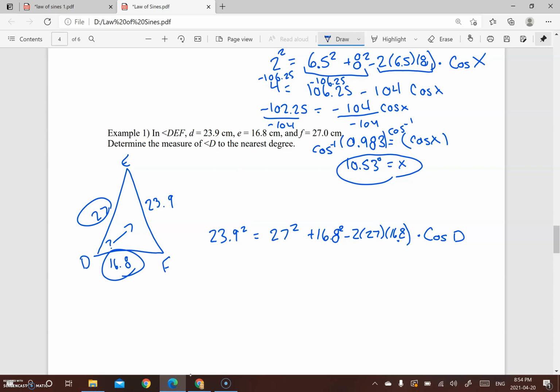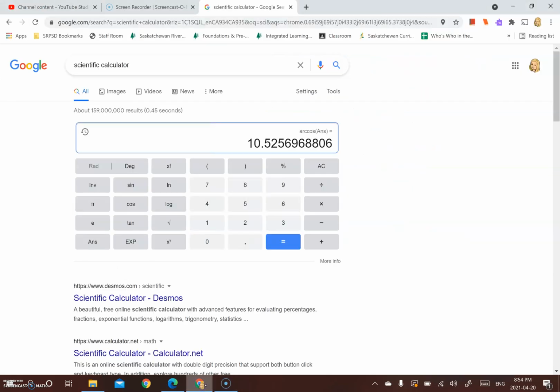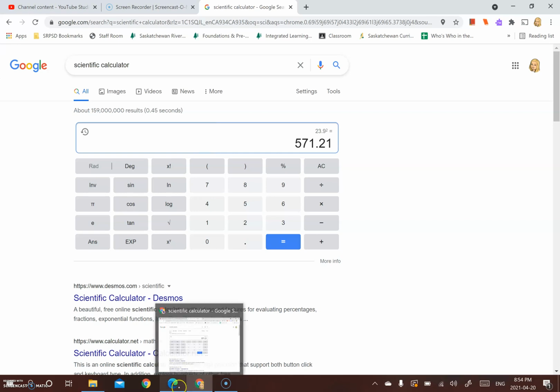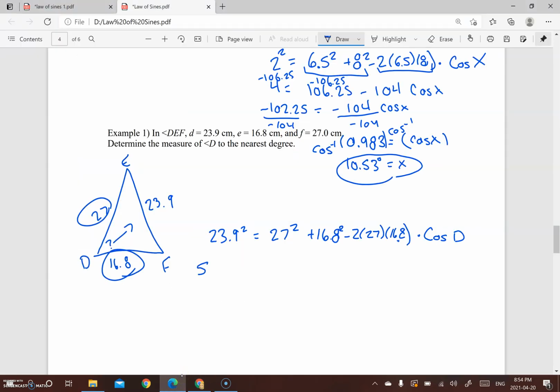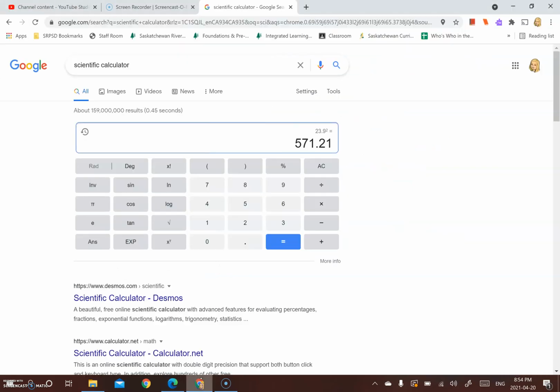So 23.9 squared equals 571.21. I'm going to do this one chunk together. 27 squared plus 16.8 squared.